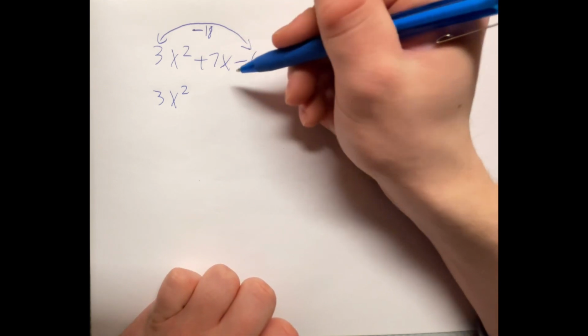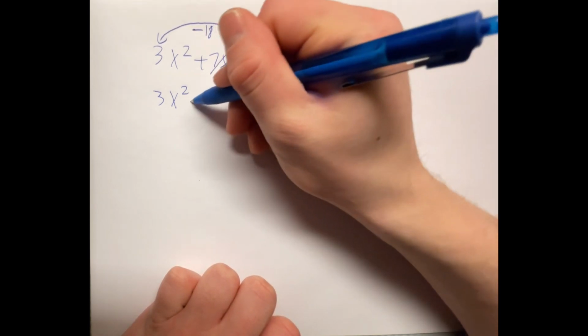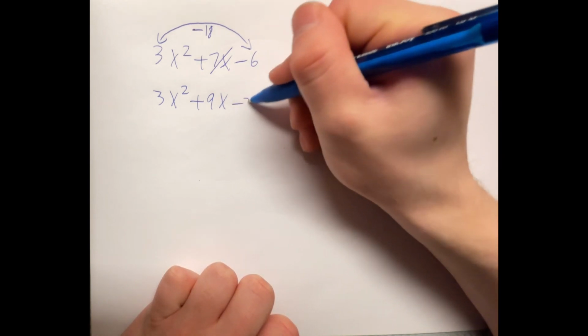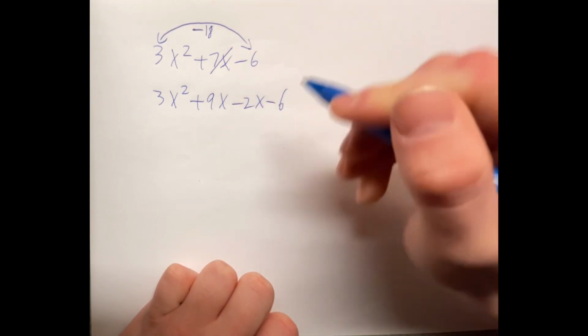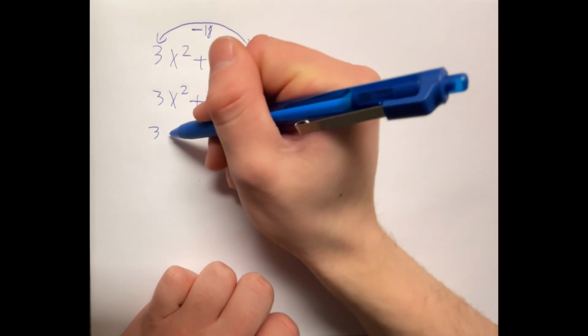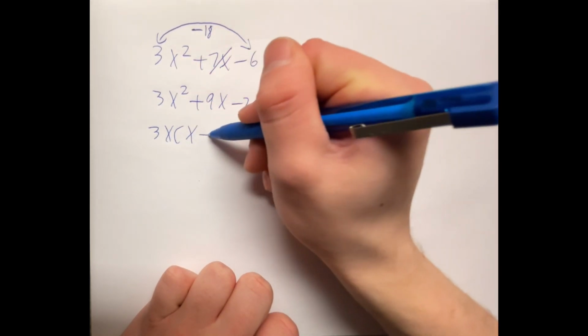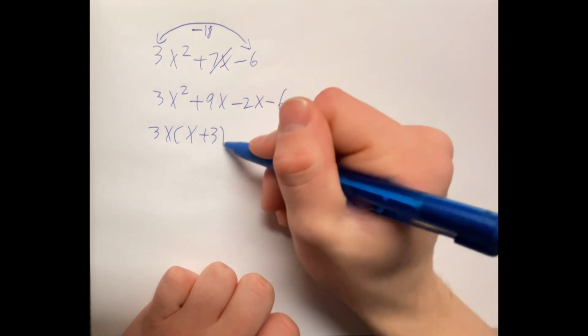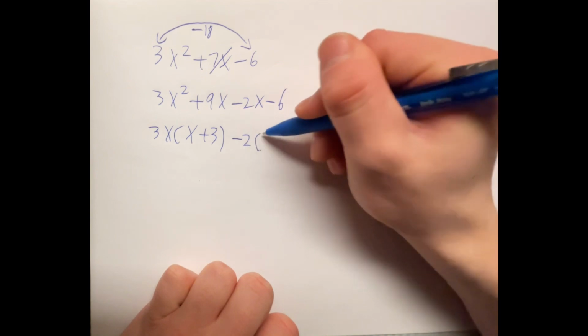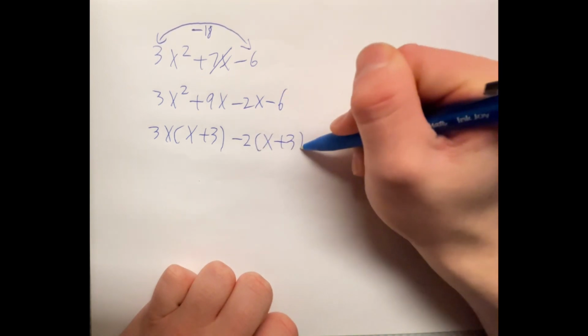Again, 3x squared, this cancels out. We have plus 9x, and then minus 2x, and we keep our constant and our x squared coefficient. Now we want to factor, so we can take out 3x here, and we have x plus 3. And here, we can take out negative 2, and we're going to have x plus 3.